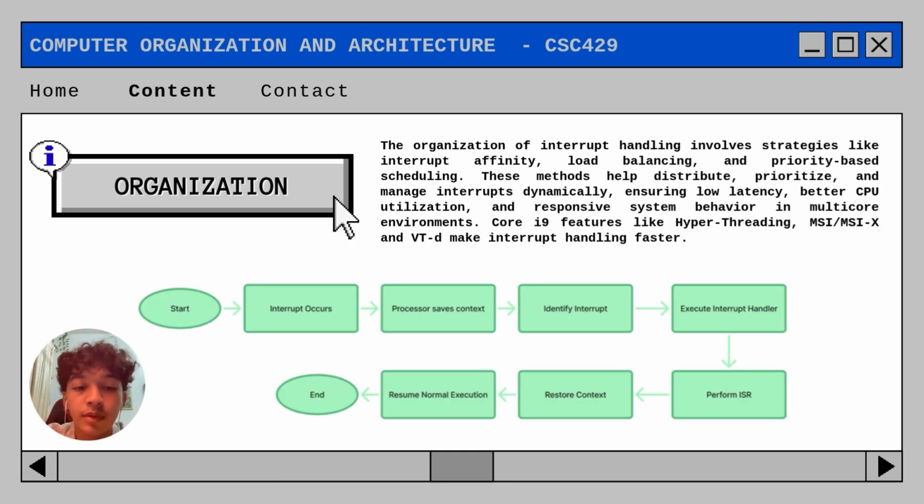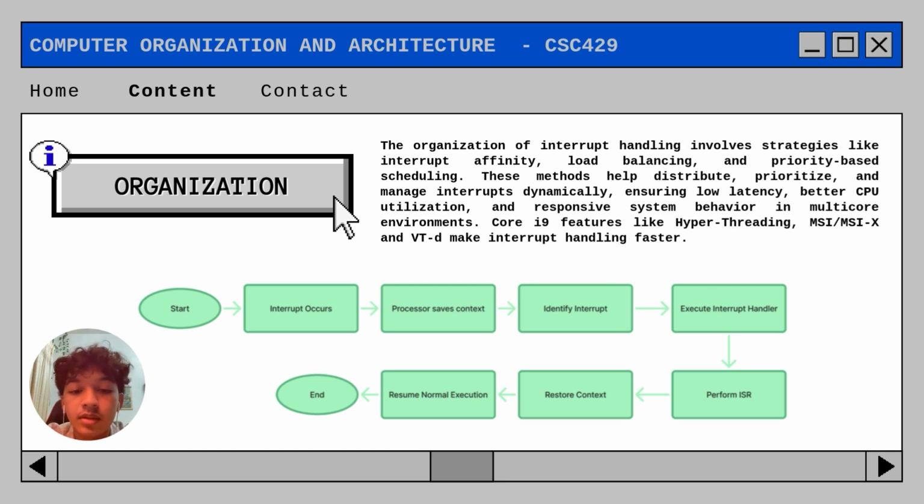So we move on to the organization. In a multi-core system, interrupt handling is organized using strategies like interrupt affinity, which is binding interrupts to specific cores, load balancing, which is distributing interrupt loads across CPUs, and priority-based scheduling.